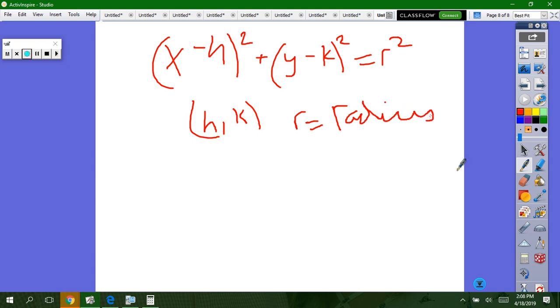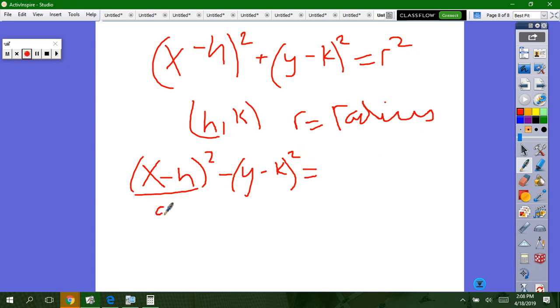A hyperbola could be x or y leading. It doesn't matter. So I could have x minus h squared minus y minus k squared equals, by the way, this has a squared and this has b squared. This is 1. This one looks like this.